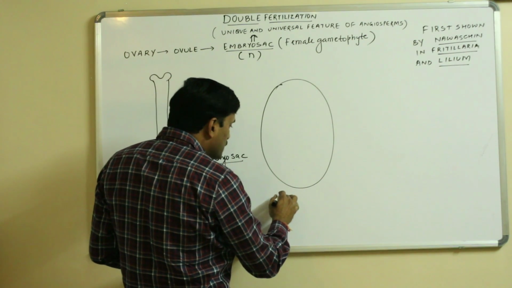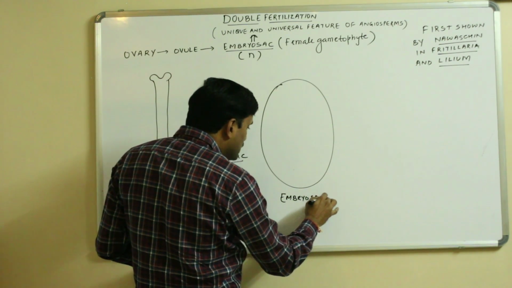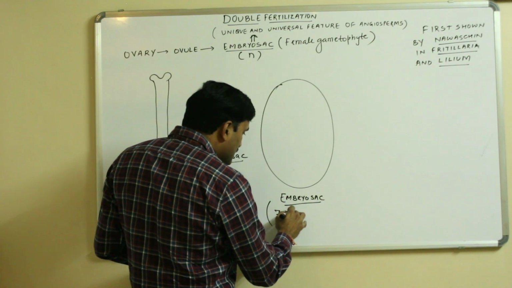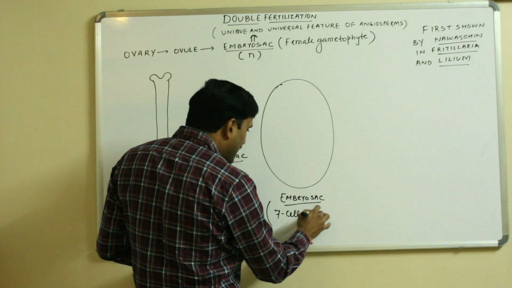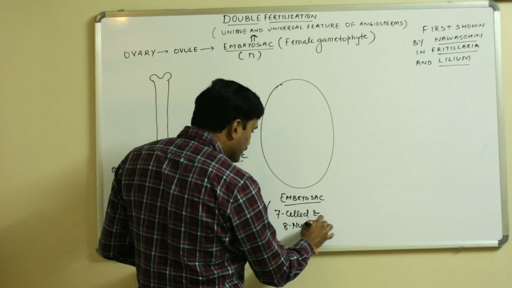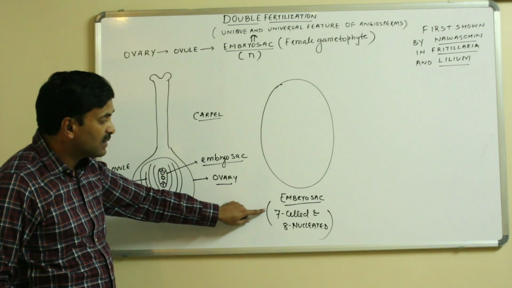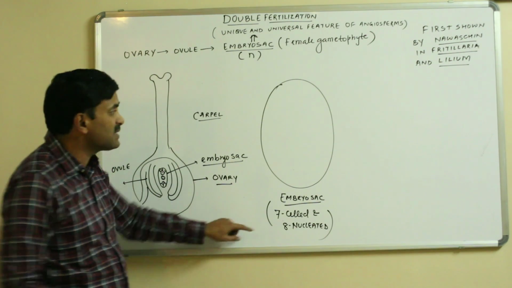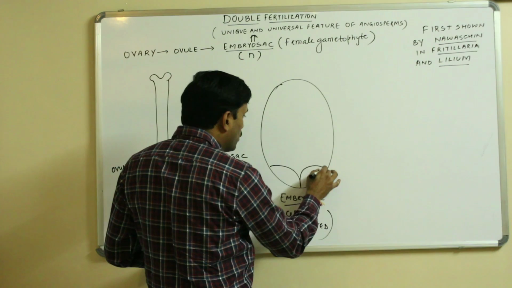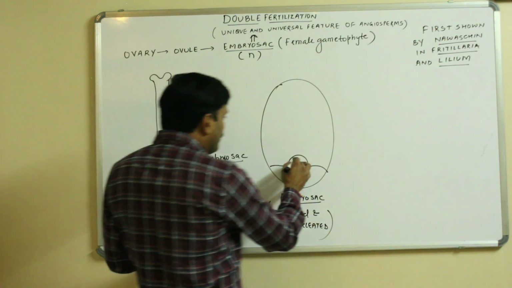This is an embryo sac, and in most angiosperms, the embryo sac is 7-celled and 8-nucleated. So we will count the 7 cells and the 8 nuclei. At the micropylar end of the ovule, the embryo sac has 3 cells.